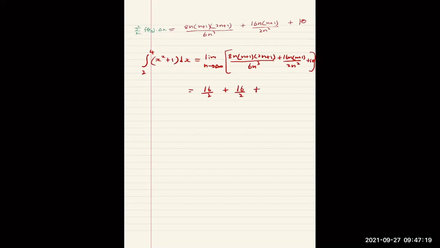And of course, the limit of the last expression is 10, which is a constant. And if you simplify this, you will get 62 divided by 3. That's going to be the answer for your definite integral of x squared plus 1 from 2 to 4. All right, let's move on.